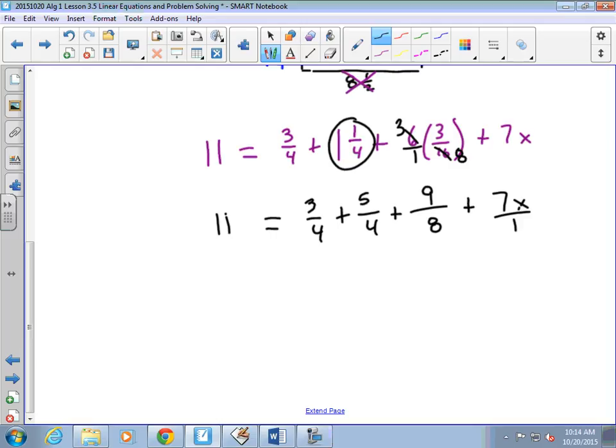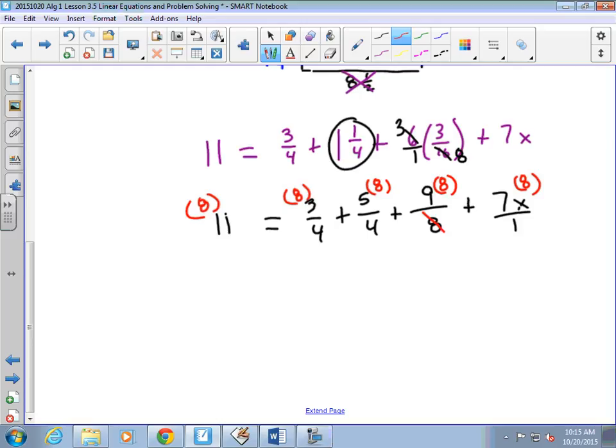So the way we're going to get rid of fractions, instead of adding every one of them up and changing them all into the same common denominator, let's multiply all of them times the number 8. That times 8, this times 8, this times 8, this times 8, and this times 8. Remember, multiply every term in the equation times 8, each term.